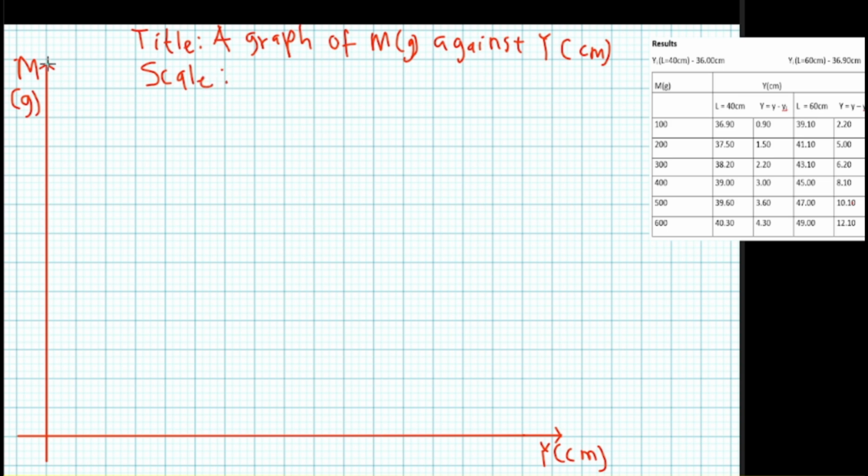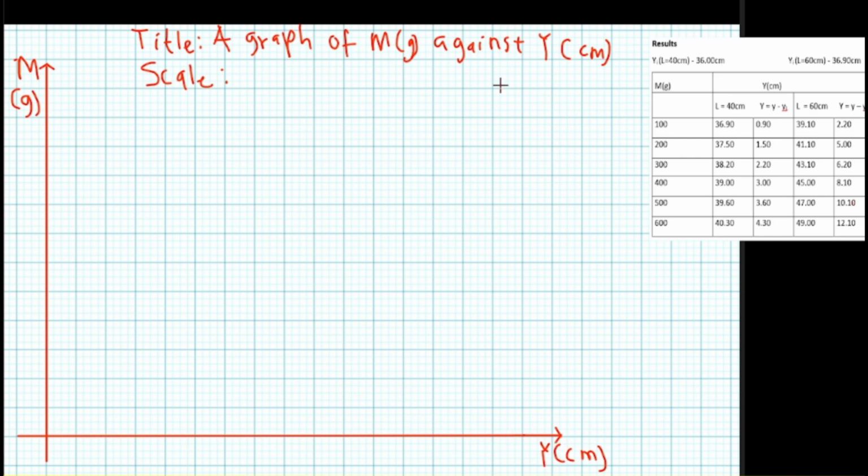All right, so remember step one, you draw and label your axis, M axis and Y axis. You attach their units. The next one will be to title. The title depends on what you're plotting. So this is a graph of M against Y. Now the next thing will be to get the scale. You're going to get scale for the vertical and scale for the horizontal.